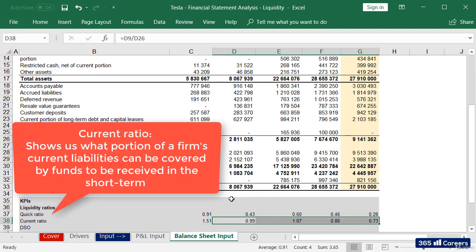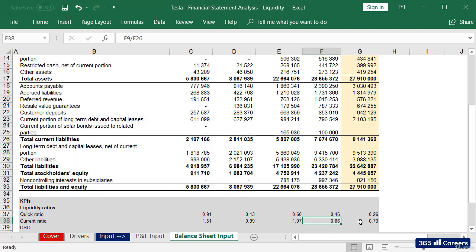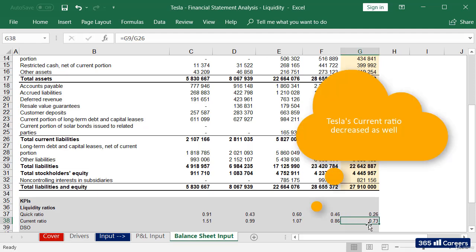It shows us what portion of a company's short-term liabilities can be covered by funds the firm expects to receive in the short term. Problems at this level are very alarming. A current ratio below 1 is quite problematic in most industries. Tesla's current ratio gradually dropped to 0.73 in the second half of 2018.